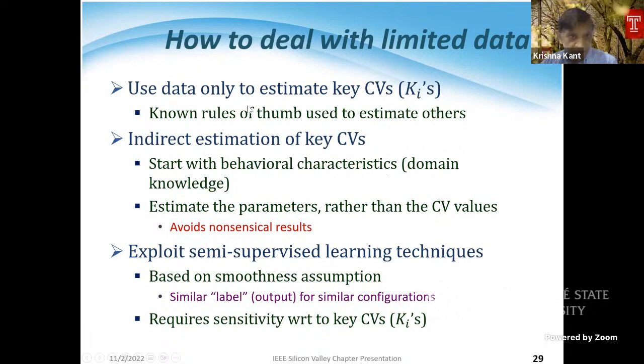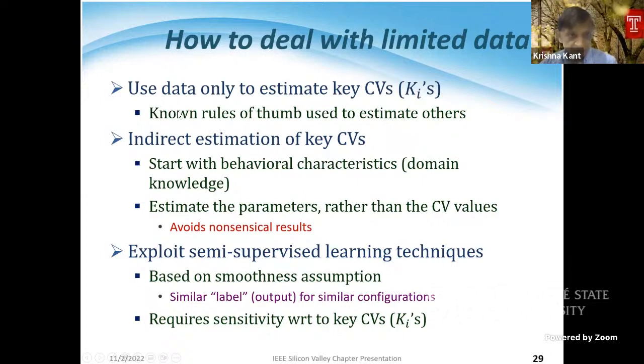Okay, so what we do is that we take the approach of first figuring out some key configuration variables. And this comes largely from the domain knowledge, though you could use principal component analysis for it to some extent.